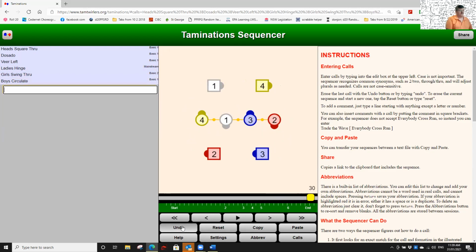So what's the question? That's a technical zero. But you have changed the sequence of the girls with the swing through.